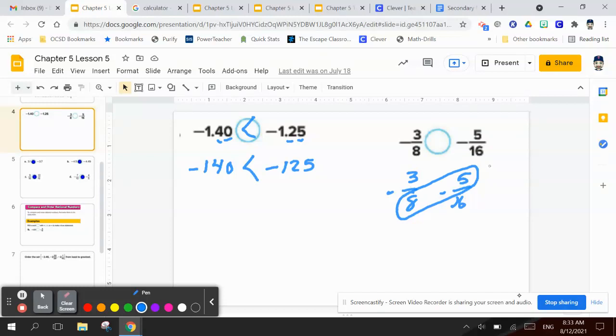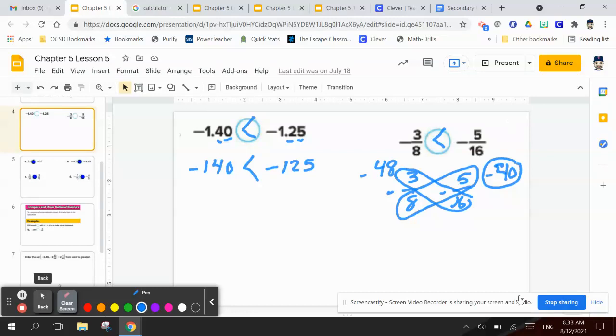So 8 times 5 is 40, and it's negative. And 16 times 3 is 48, which is negative. So -48 and -40, which one's closest to 0 because they're both negative? Well, that's this one here, -40. So in that case, -3/8 is less than -5/16.